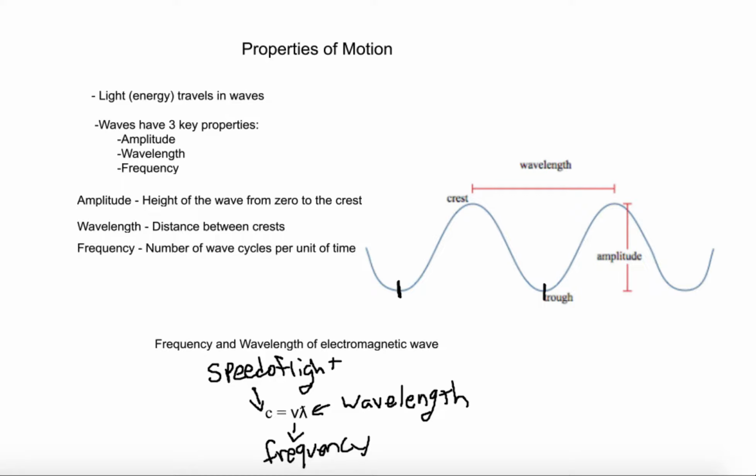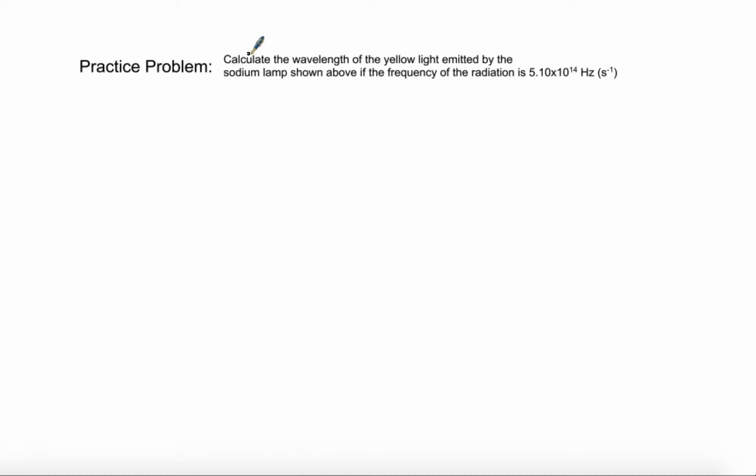So let's take a look at a practice problem. We want to calculate the wavelength of yellow light that's emitted by a sodium lamp if the frequency of the radiation is 5.10 times 10 to the 14 hertz. Hertz, or inverse seconds, seconds to the -1, is the unit for frequency. If I want to calculate the wavelength here, I know that the wavelength, lambda, and the frequency, nu, are related within this equation: the speed of light equals lambda nu.